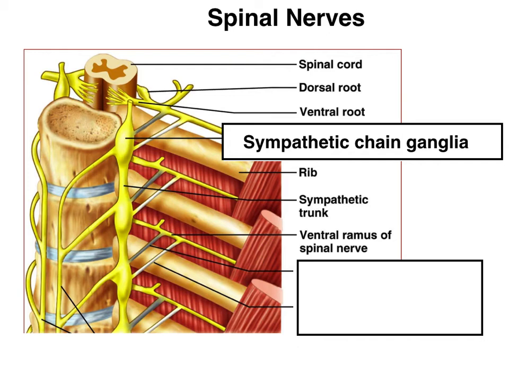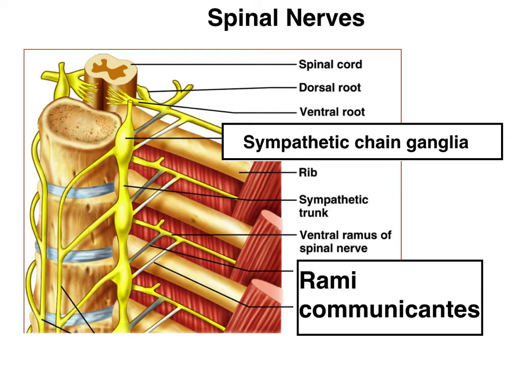They're connected, the sympathetic chain ganglia to the anterior ramus, through rami communicants, which are the little connections, and those carry autonomic motor signals. We'll come back to talk about how the sympathetic chain ganglia work with the autonomic or visceral nervous system.